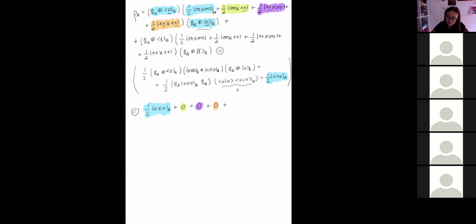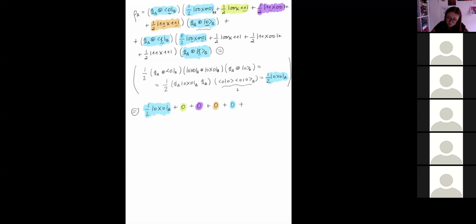Now let us analyze the second part of the sum, which corresponds to being projected into the state 1 of the basis on B. I'll use the same colors. The first element will give us 0 because we have here 0 on B, 1 on B, 0 on B, 1 on B. Okay, attack again as we just discussed, attack from both sides, both zeros.